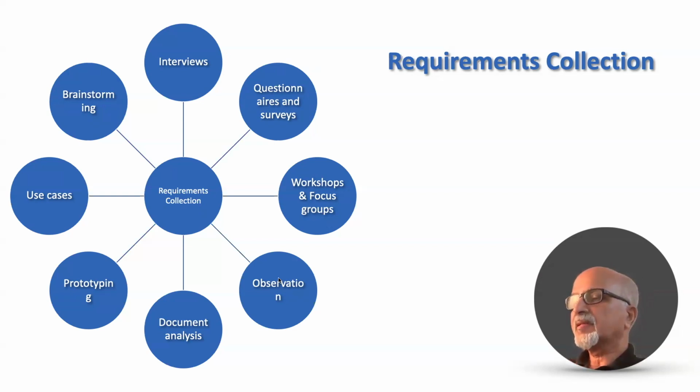That itself can give us a lot of additional requirements. Then document analysis, like contract document reviews, minutes of past meetings, past discussions, statement of work, etc., will give us a lot of additional information.